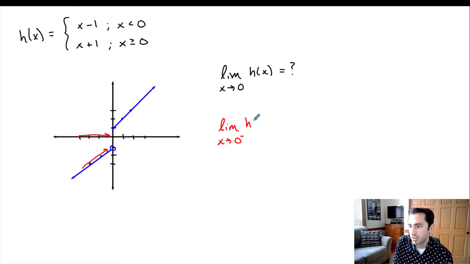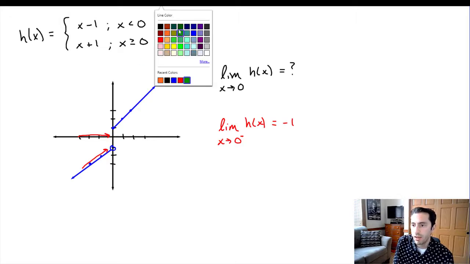So this is the left-sided limit of h of x. And in this case, we can see that as my x values get close to 0, my values for h of x are getting really close to -1. Just like we saw in the last example, we don't actually get to -1. This piece of our function is undefined at 0, but we're getting really, really close to it.